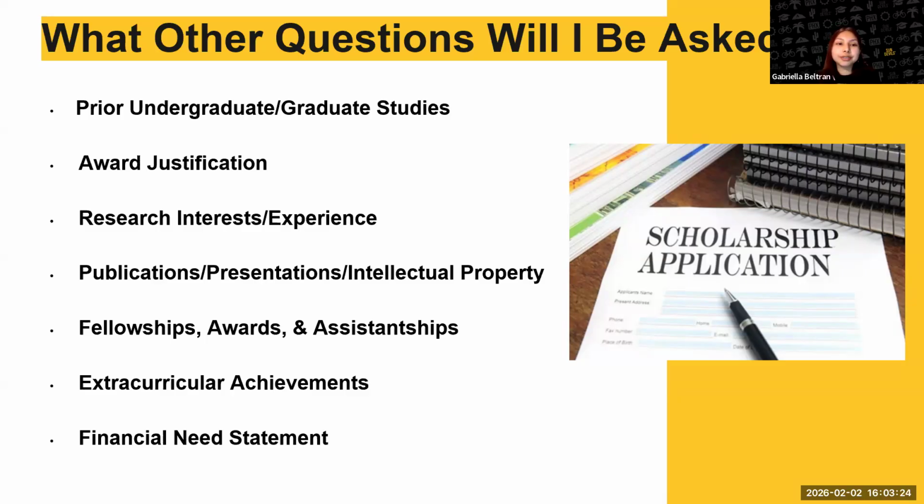We'll ask how you are a good fit to each fellowship that you're applying for, any research interests or experiences you may have, and any publications, presentations, or intellectual property. If you've been awarded any past fellowship awards or assistantships, you can include those. Including any extracurricular achievements can help your essay stand out.